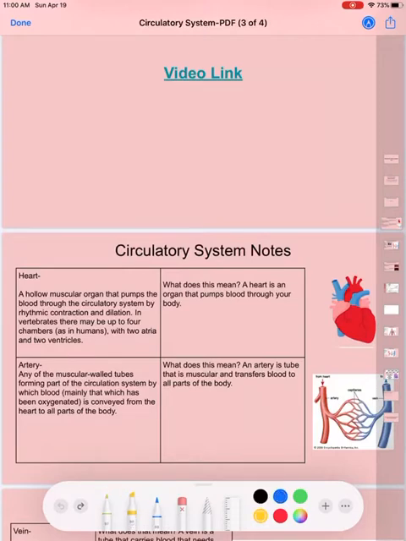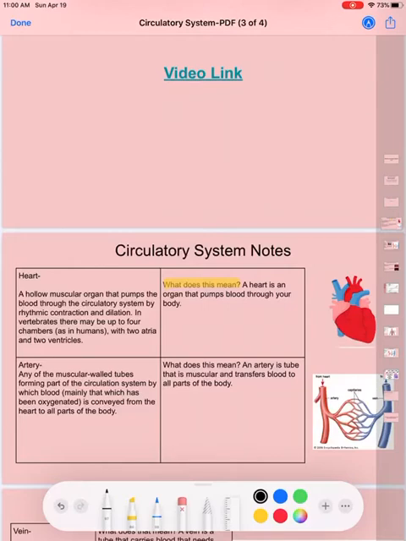So what does this mean? This basically means a heart is an organ that pumps blood through your body. The heart is the central control of where the blood goes. It pumps through your heart and spreads it out to the rest of your body.